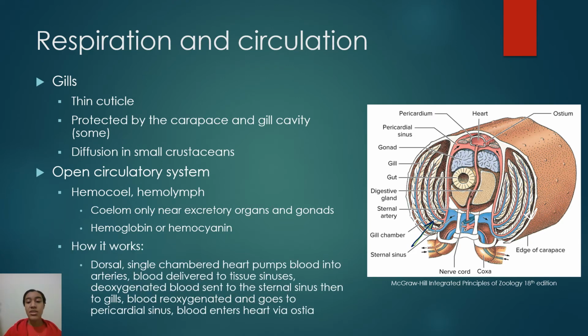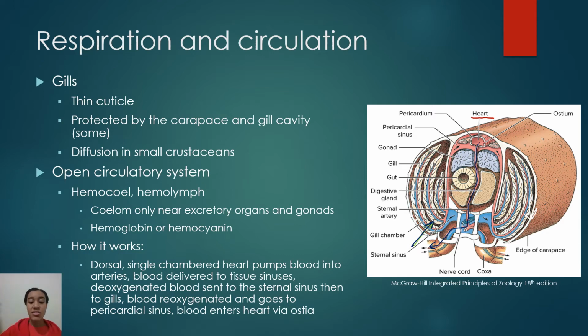And how the circulatory system works in crustaceans is they have a single chambered dorsal heart that pumps blood through the arteries. So it pumps blood through here and to wherever it needs to go, so whatever tissues need the oxygen.